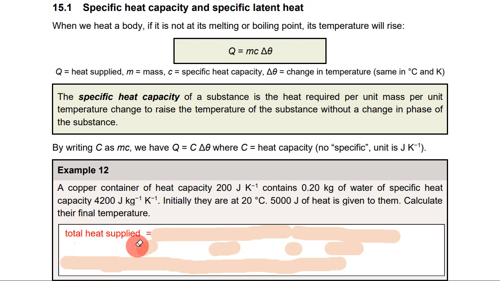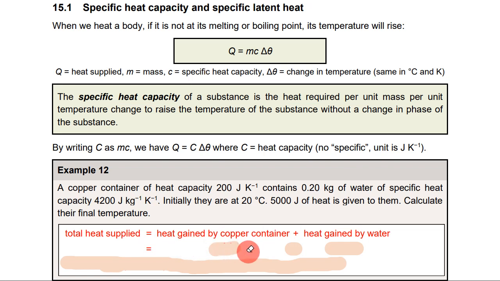First, the total heat supplied will be equal to the heat gained by the copper container as well as the heat gained by water. Heat gained by copper container will be the big C multiplied by delta theta.